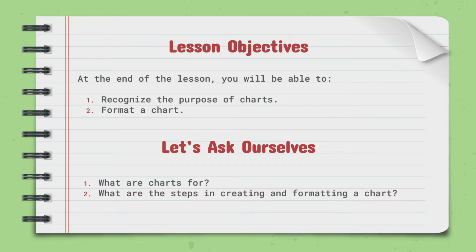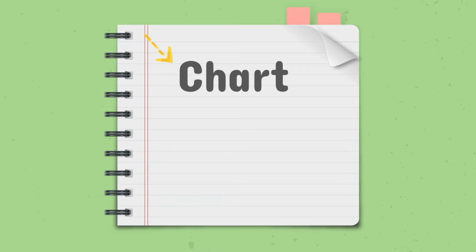As we go on with our discussion, we will define what a chart is, what the purposes of charts are, and I will present to you the steps on how to create and format a chart. So here, let's define first chart.